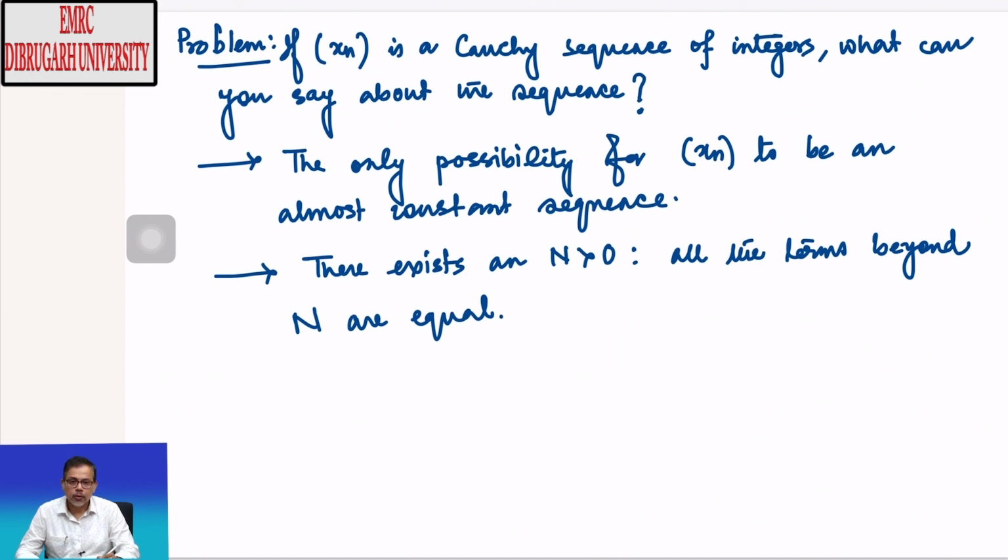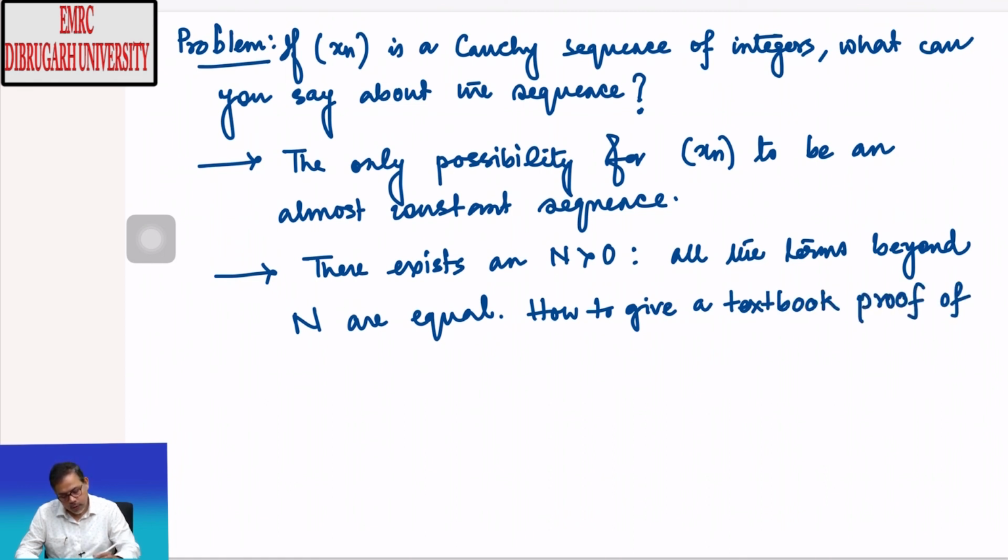Now, how to give a textbook proof of this? You have enough results and examples on sequences in general and Cauchy sequences in particular. Thus, I am leaving this question for you as a take home exercise.